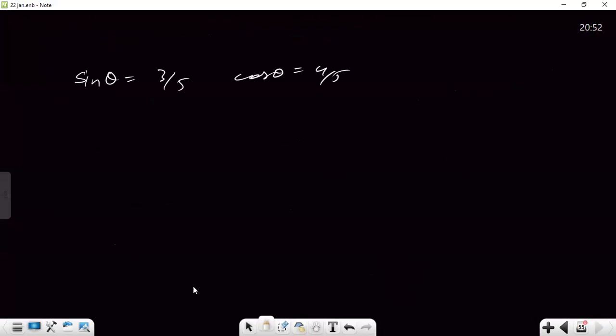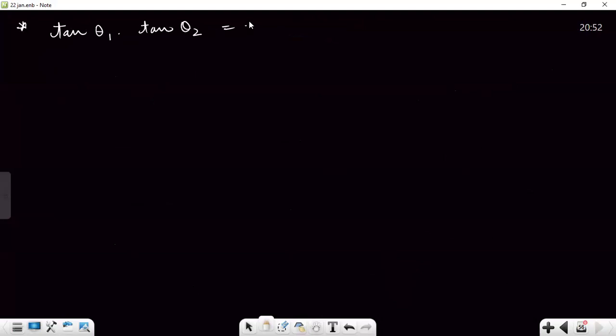Okay. So next, once again, it's an important observation. That is, if there are two angles whose sum is 90 degrees, then tan of theta 1 into tan of theta 2 will be 1, when and only when theta 1 plus theta 2 is equal to 90 degrees.